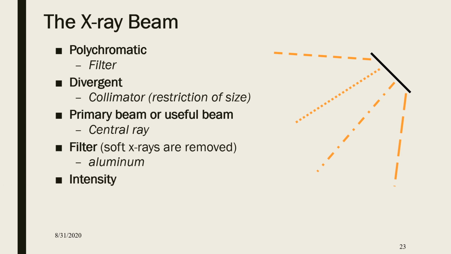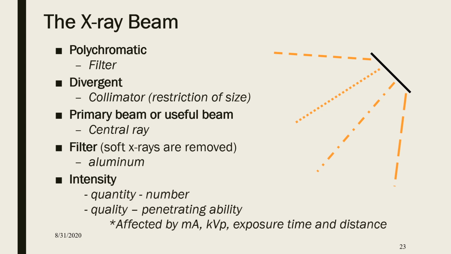Intensity. When we talk about the X-ray beam, we also look at the intensity. Intensity refers to the quantity and the quality of the X-rays produced. Quantity refers to the number of X-rays in the beam, and quality pertains to the penetrating ability of the X-ray beam.